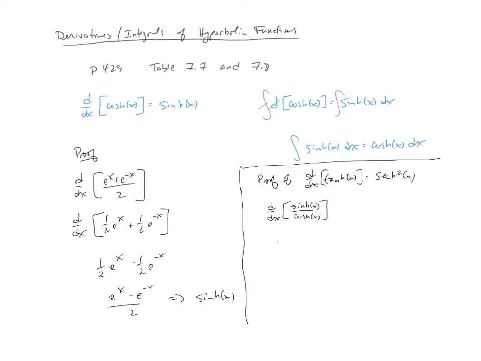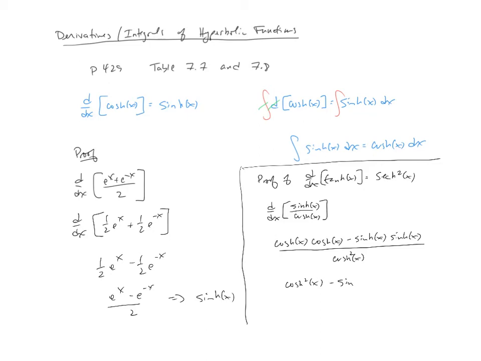So we've got low times the derivative of high, which would be another cosh of x, minus the high times the derivative of the low, which would be a sinh of x, all over low squared. So in the numerator, this is going to be cosh squared of x minus sinh squared of x.